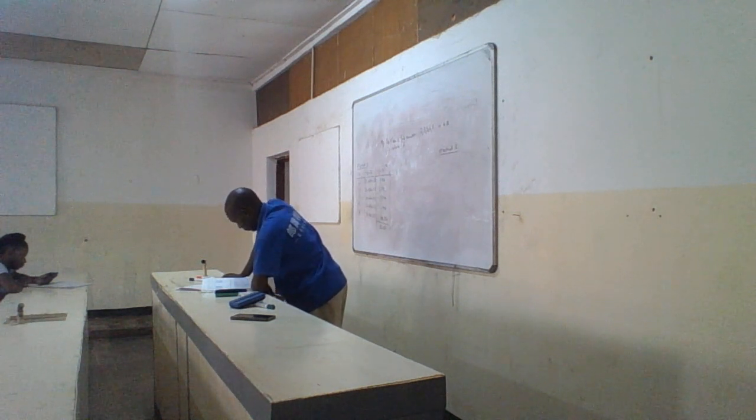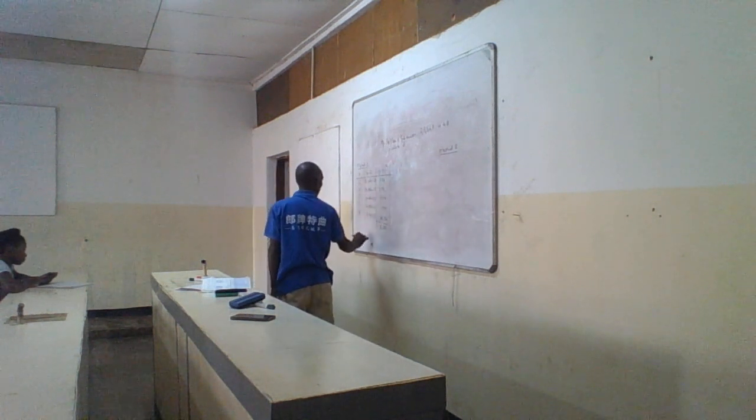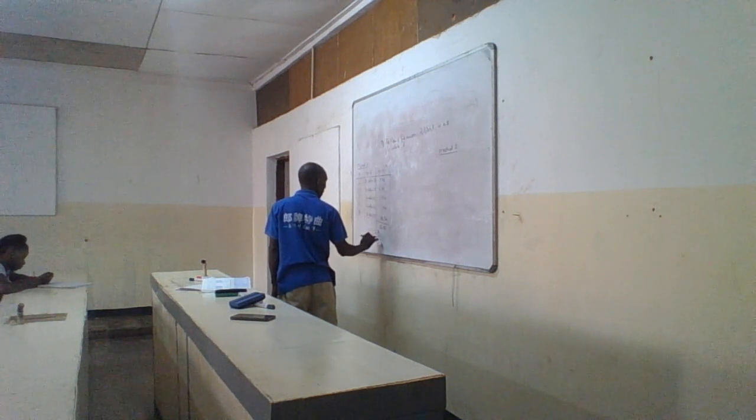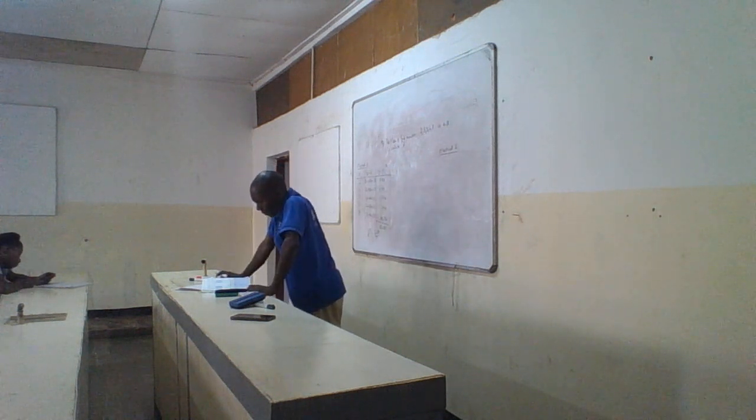The variance is equal to 22.80 divided by how many numbers are there? 5. Right? And this gives you 4.56.